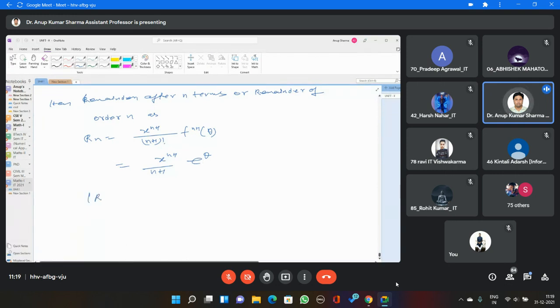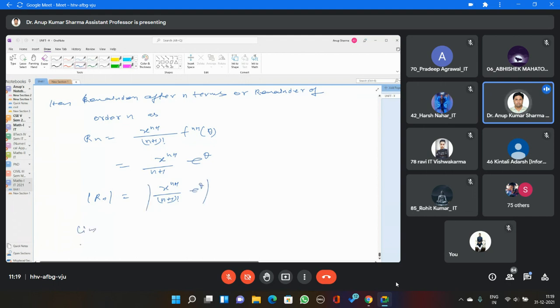When we take the modulus, that means x to the power n plus 1 upon n plus 1 factorial, times e to the power theta.